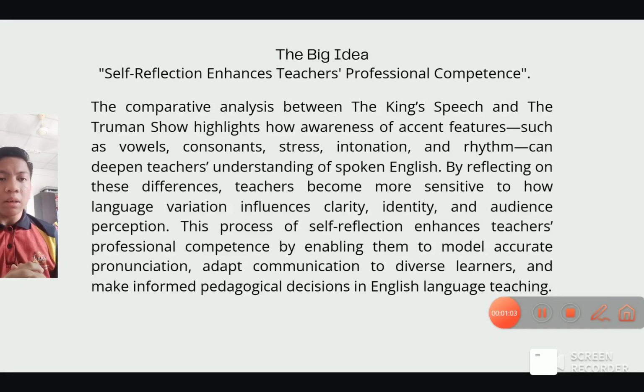By reflecting on these differences, teachers become more sensitive to how language variations influence clarity, identity, and audience perception. This process of self-reflection enhances teachers' professional competence by enabling them to model accurate pronunciation, adapt communication to diverse learners, and make informed pedagogical decisions in English language teaching.